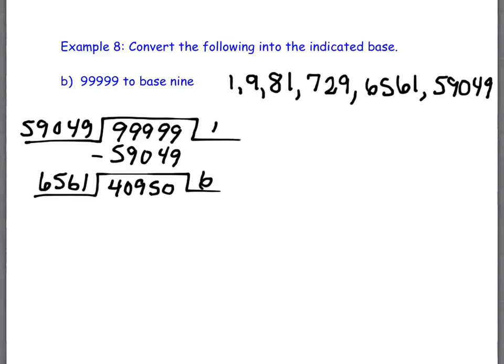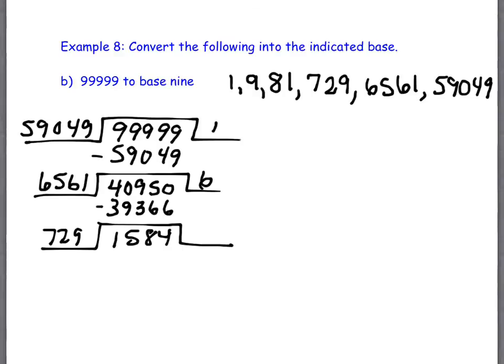What is 6 times 6561? 39,366. Excellent. Which we're going to subtract. So what is 40,950 minus 39,366? What is it? 1584. Great.